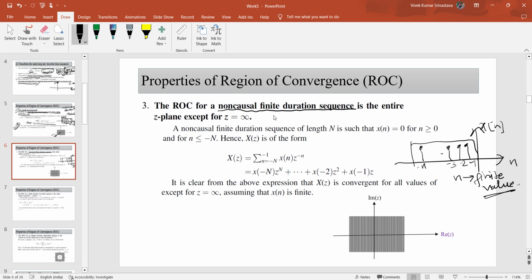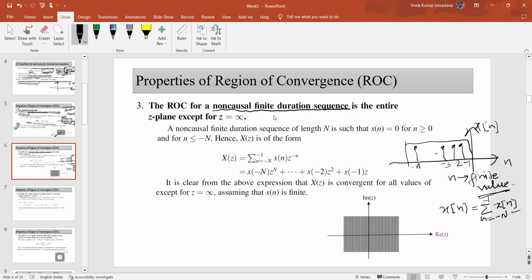So for such a sequence in time domain we can define it as x of n equals summation n equals minus n to minus 1 x of n. Okay, so for such kind of sequence once you evaluate the z transform you will get the z transform as x of minus n z raised to the power n plus dot dot dot plus x of minus 1 z.